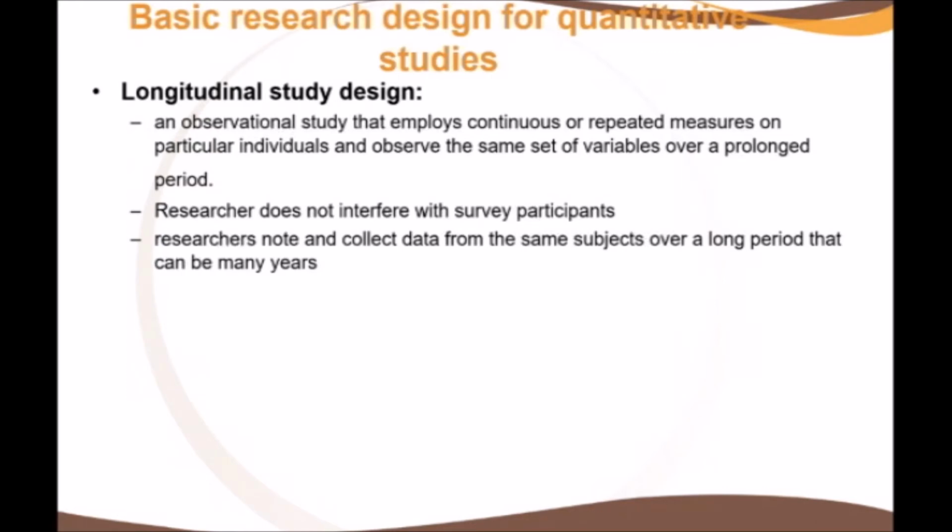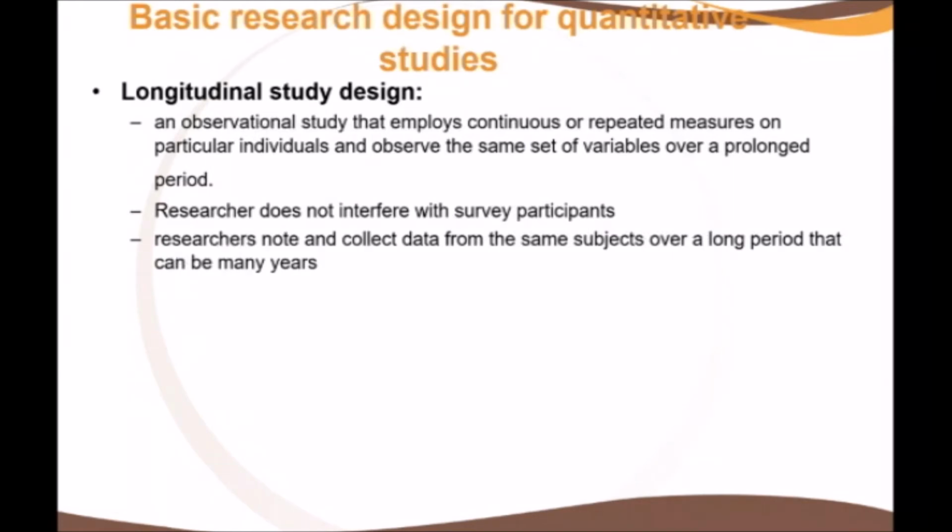Alternatively, she can go in this year, determine who she wants to study, or sample a few people that she is going to include in her study, and collect data from those people this year.